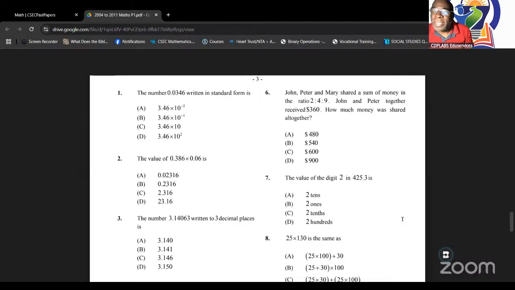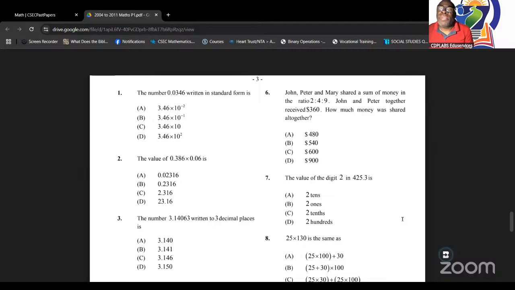So 3.46 is greater than 1, but less than 10. But when you're writing a number in standard form, the expression of that number in standard form must be equal to the number that you're writing in standard form. All right?